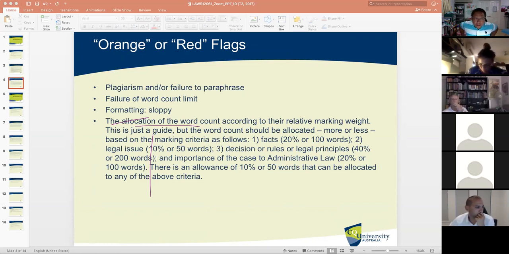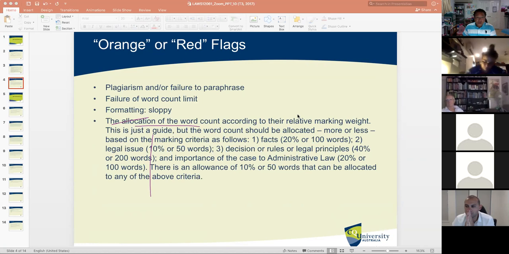Now, in addition, the other orange or red flag will be a failure to follow the word count limit. We will recall that the range is between 500 words, I think, to 600 words. It cannot go beyond 600 words. So if a student writes a case note that goes beyond 600 words, you need to mark that down.